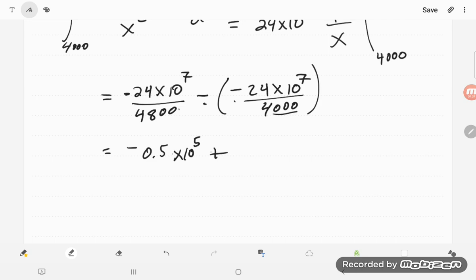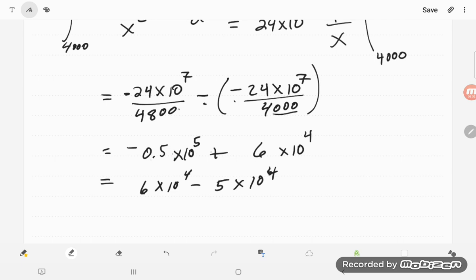And I have 3 zeros down here. That'll make that times 10 to the 4th. And 4 into 24 is 6. Okay, so I have that, 6 times 10 to the 4th. So this is equal to 6 times 10 to the 4th minus 5 times 10 to the 4th.